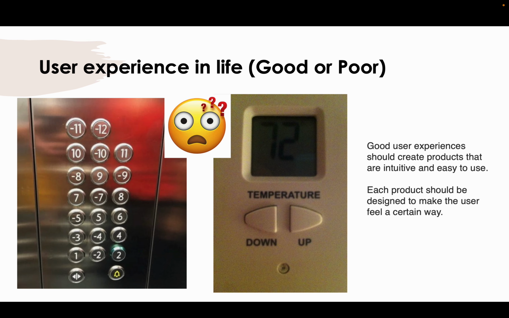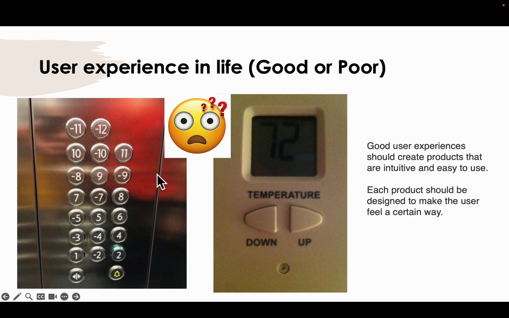Yes, so here are some more examples. We can see those buttons, they are in a mess and they're not in a good sequence, right? These types of design may frustrate users a lot, because a good user experience should create products that are intuitive and easy to use.